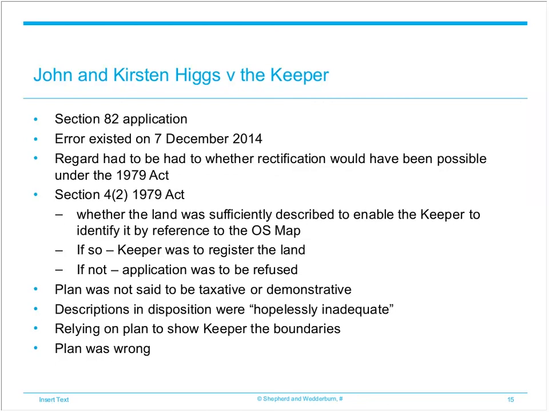And the tribunal agreed that that was okay. The keeper could rely on the plan in reflecting the boundaries because of these terribly vague verbal descriptions. Not an ideal situation for the Higgs. They couldn't have their title rectified to reflect what the intention of the parties actually was.